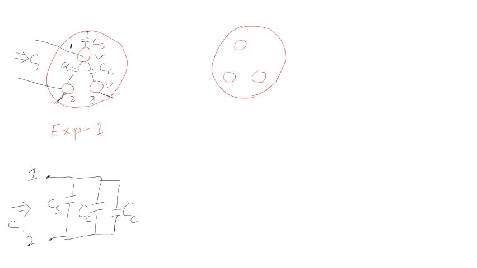So C1, which we are calculating, is from the equation 2CC plus CS, right? This is the known value, and this known value has two terms. This is my equation 1.